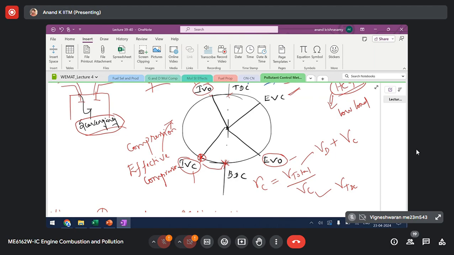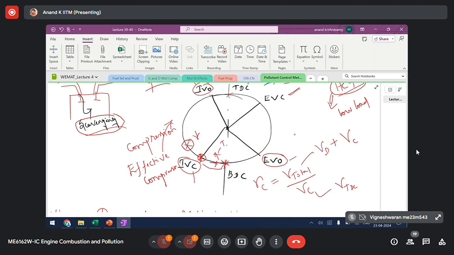By varying this IVC timing, you can have the intake valve close here or here. By doing this, you are varying the effective compression ratio. Suppose you close the valve here, what will happen to the effective compression ratio? It will reduce. If you close the valve very close to BDC, the compression effect is more, right? So effective compression will be high.